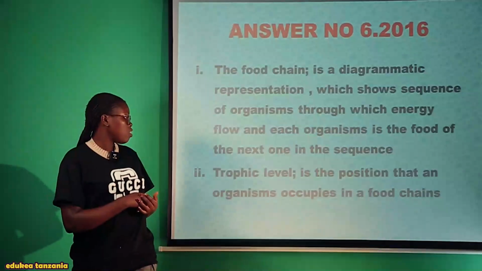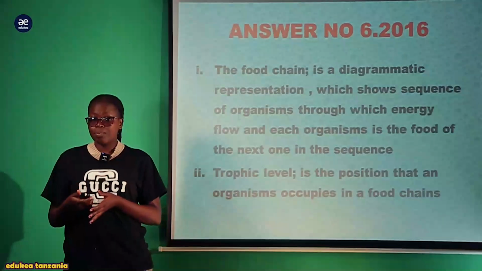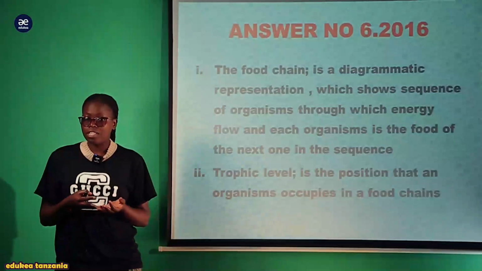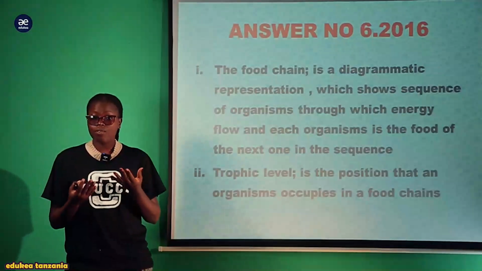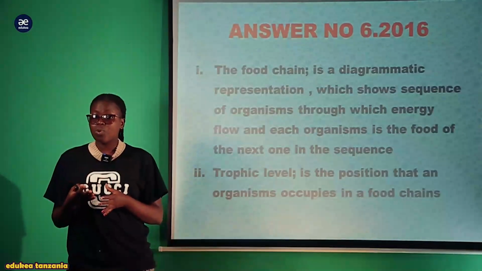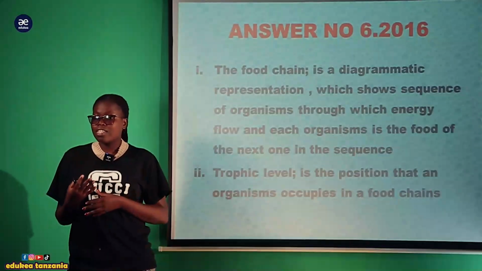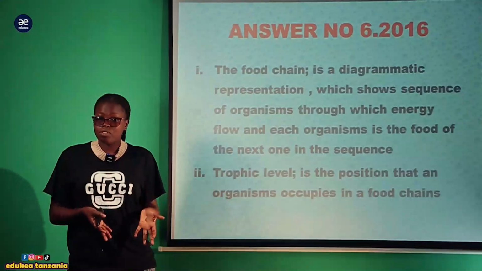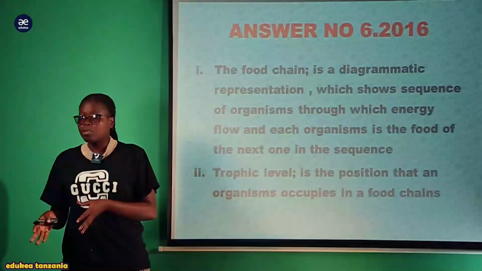In this form of feeding relationship, one organism is the food of the next organism. The trophic level is the position an organism occupies in a food chain. Within the food chain as well as the food web, every organism has a particular position. For example, the producers are found at the bottom.